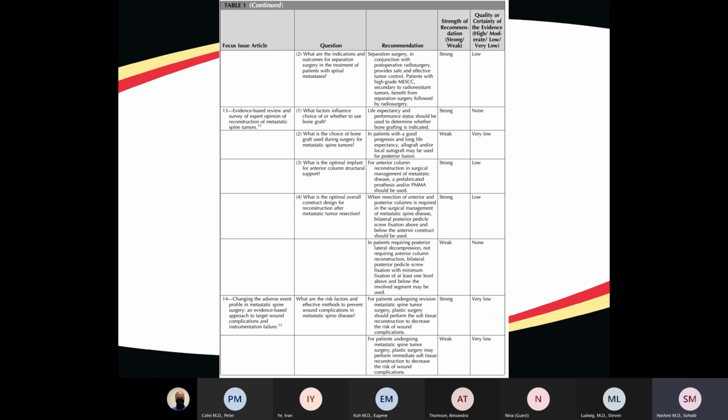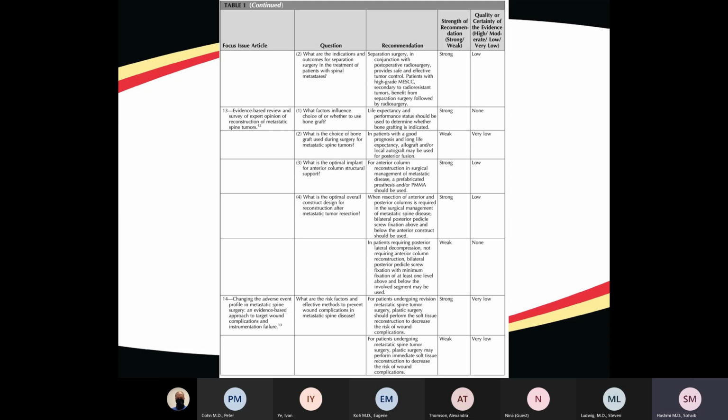For the overall optimal construction and reconstruction techniques, basically all the literature says that anterior and posterior column reconstruction is advantageous, as the bone is largely not going to heal, especially when stabilization is performed without any kind of resection.